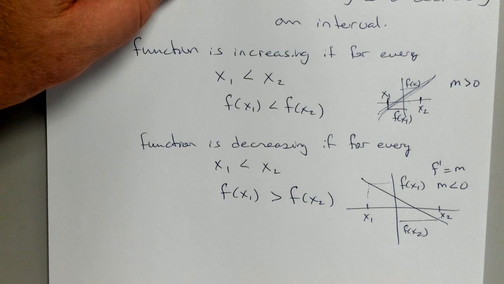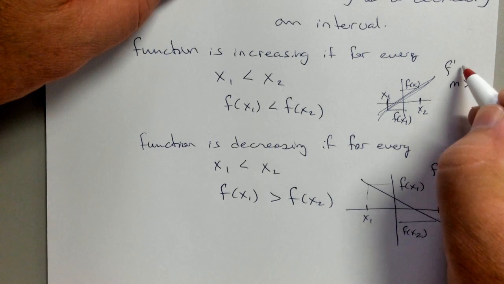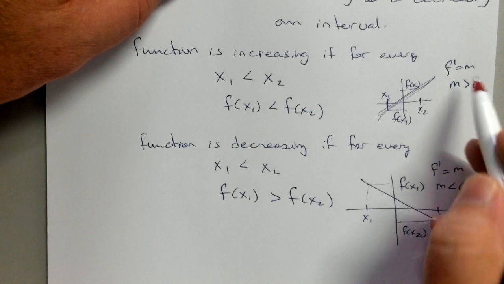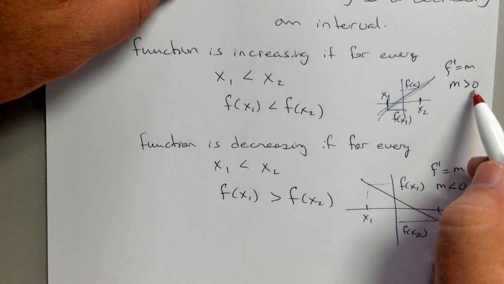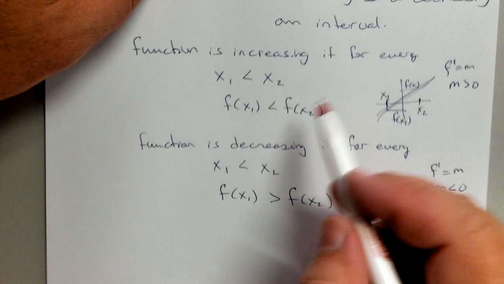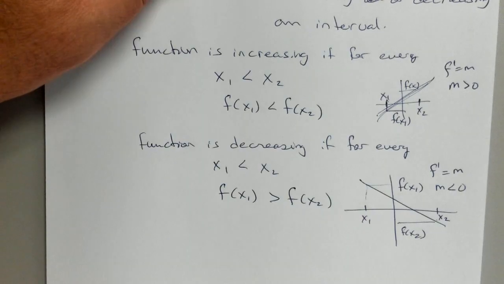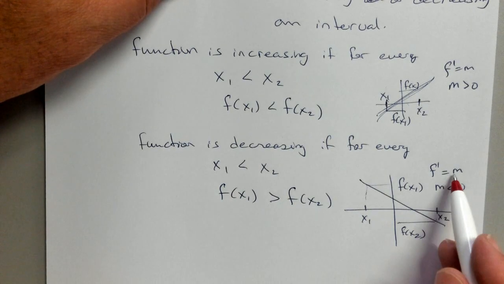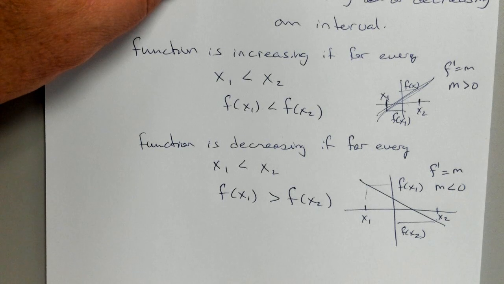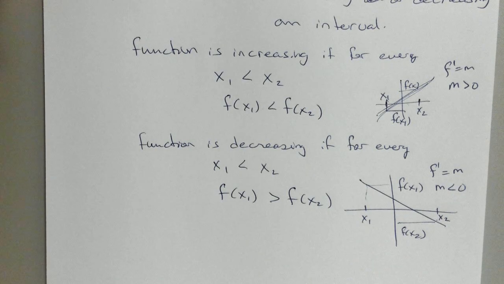So what this shows us is that in our functions, if the first derivative is greater than 0, then that's an increasing function at that point, at that interval. If the first derivative is less than 0, then it's a decreasing function in that interval. Can it change from increasing to decreasing?